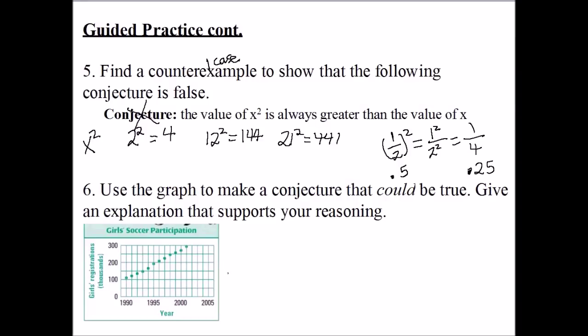Last but not least, number 6, use the graph to make a conjecture that could be true and give an explanation that supports your reason. So when I look at this table right here from 1990, 1995, 96, 97, 98, 99, 2000, and so on, I'm going to say that my conjecture is that participation will increase. Look at your chart.